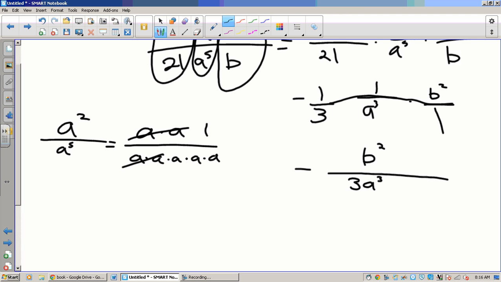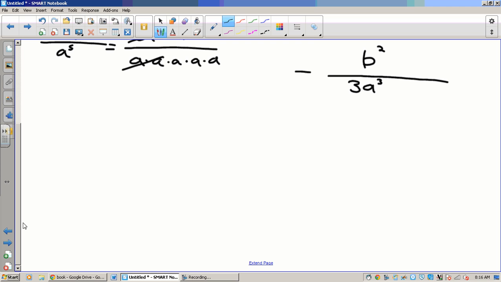What is the one thing that makes the denominator 0? Let's check 3. If b equals 3, 3 squared over 3 times 3 to the third, and that's negative.